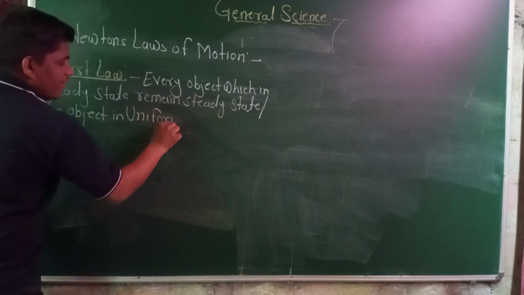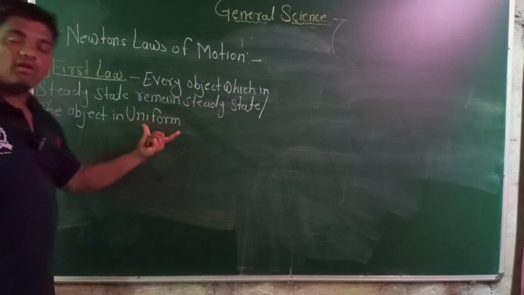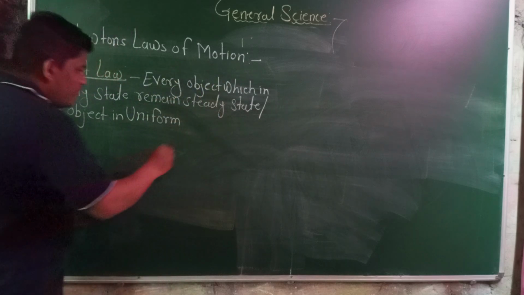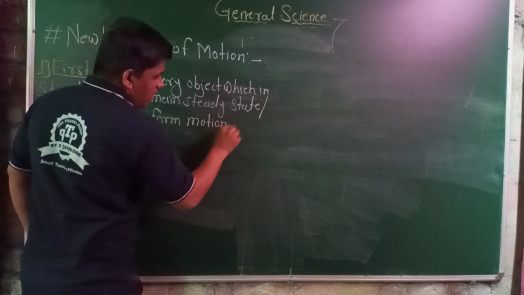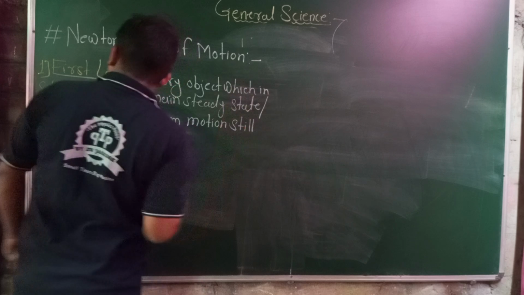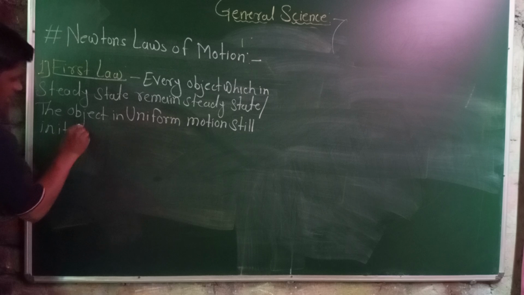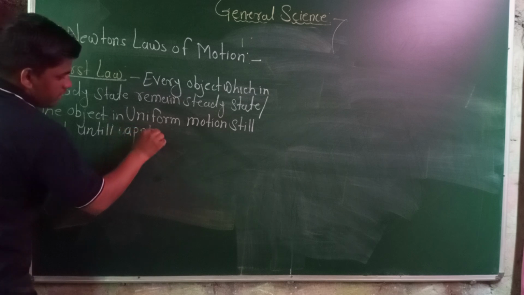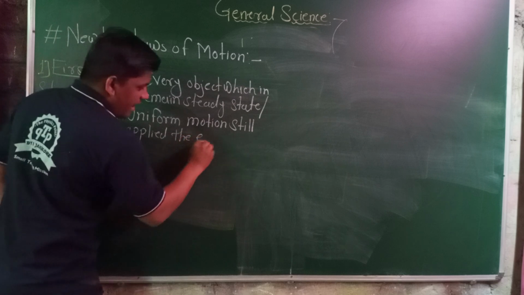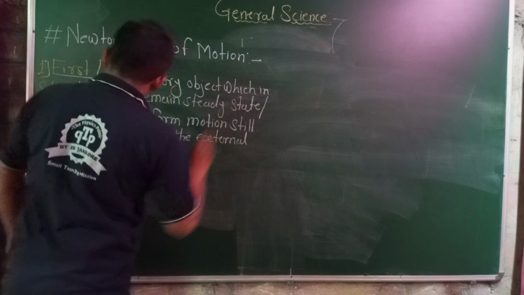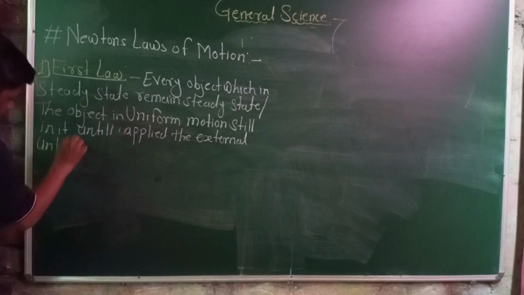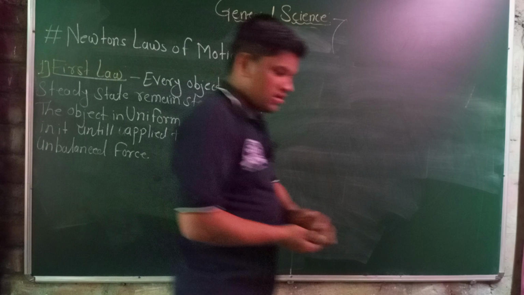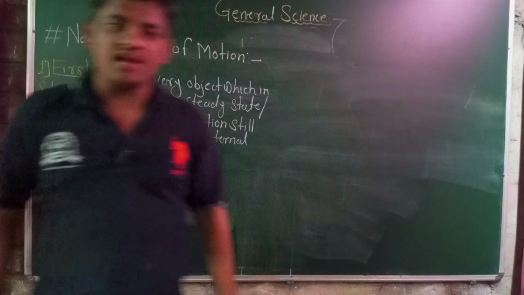Uniform means the velocity of the object in uniform motion is the same at each and every point.